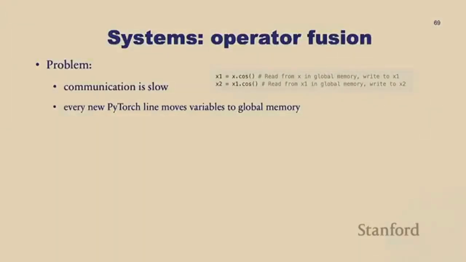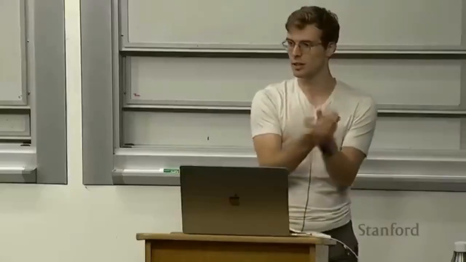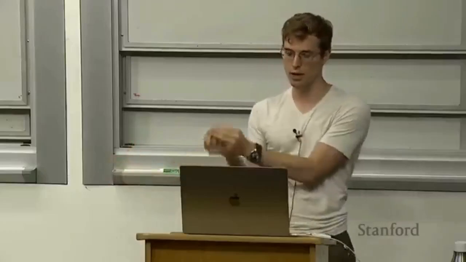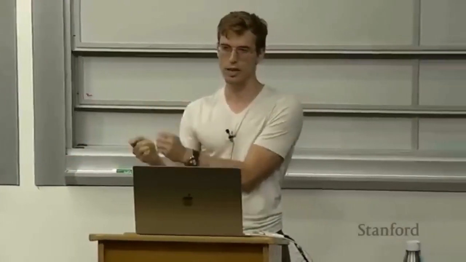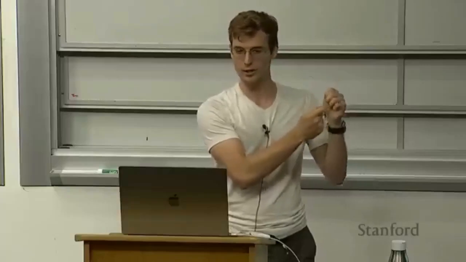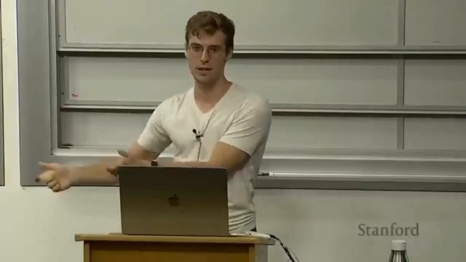x1 = x.cos(), and then you do x2 = x1.cos(). What is happening behind the scenes is that you take the x, which is data, you ship it to the actual processors of your GPU, you apply the cosine, you ship it back to the main memory of your GPU, and then you see the next cosine, you ship it back to the GPU processor, you apply another cosine, and you ship it back again.